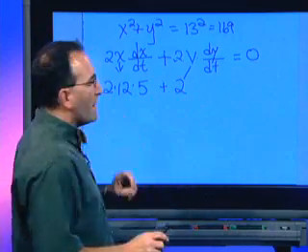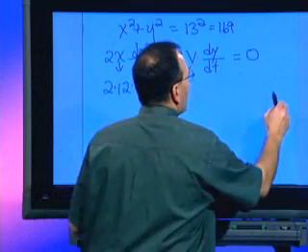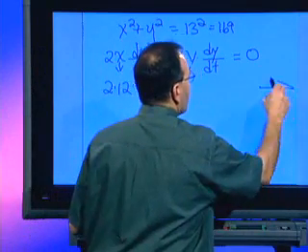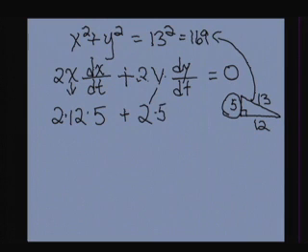Well, remember we were talking about this being a right triangle? At this point, we have a triangle that looks like this. This is 12, this is 13, and from your study of right triangles, you should know that that's 5. But if you don't, you can solve it up in this equation. So this would be times 5, and then dy/dt, and that all equals 0.